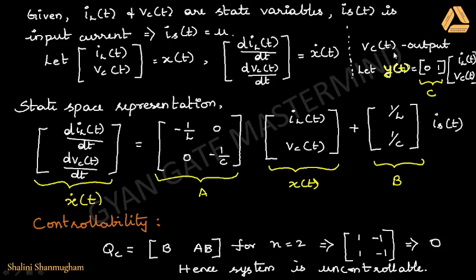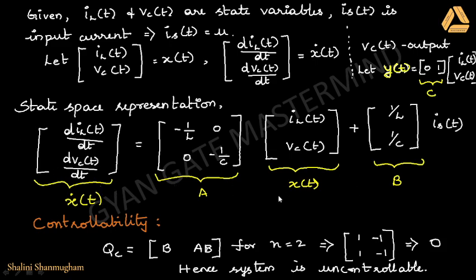We know that VC of t is the output, so I assume y of t to be the C matrix times the state variables, IL of t and VC of t. From this I know the value for the C matrix.